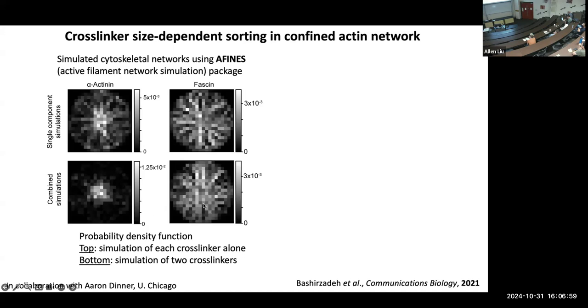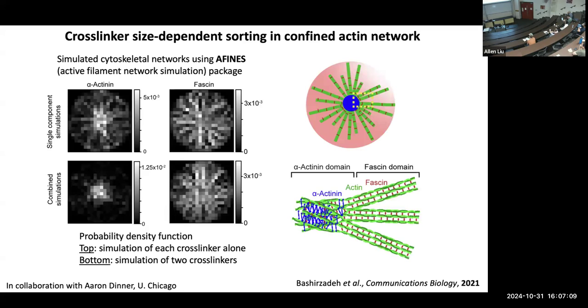It's really hard to see from this image, but fascin is more depleted in the center, and there's more fascin outside of the center region. This coincides with our experimental observation, where the center of the aster is enriched with alpha-actinin, and these radial bundles that come out are preferentially fascin bundles. So this is a complete self-assembly process.